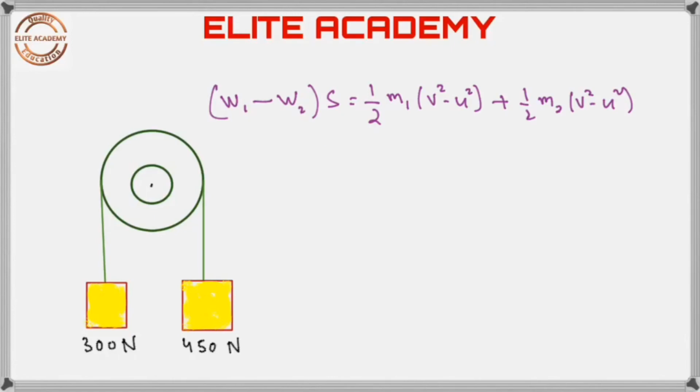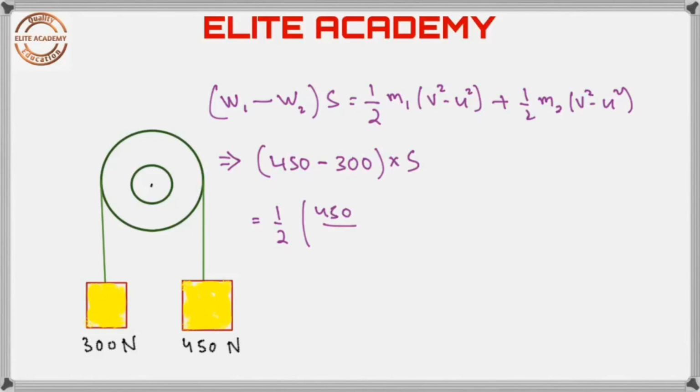W1 minus W2 into S is work done by net force, which is equal to half m1 into v square minus u square plus half m2 into v square minus u square. So 450 minus 300 into displacement S is equal to half m1, m1 is weight by gravity.